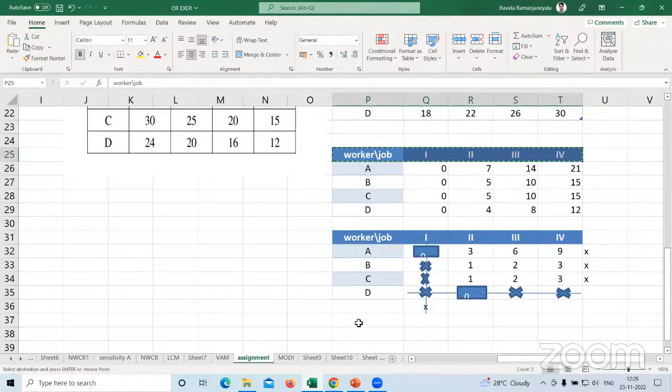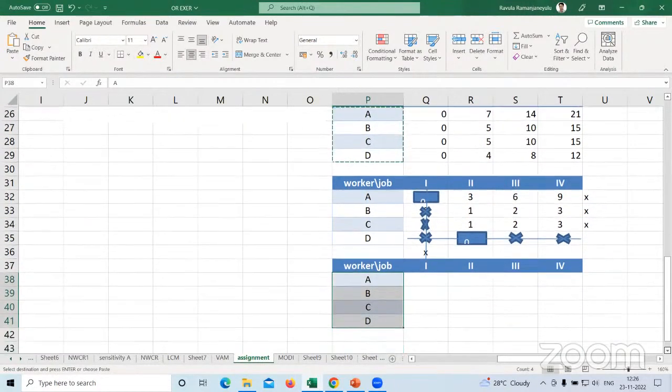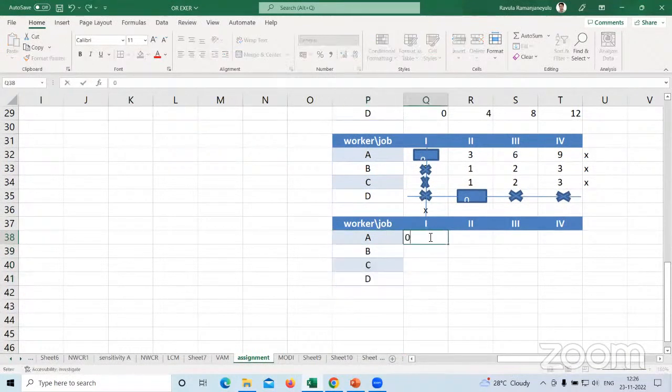Okay. So what to do here? We'll write all these things on the next cells. Now the new values will be, here it is 0, right?